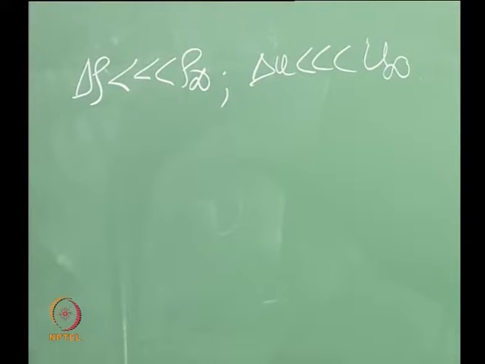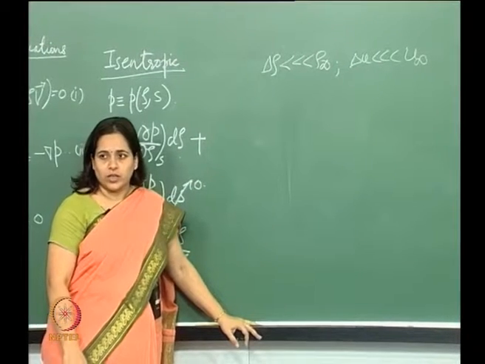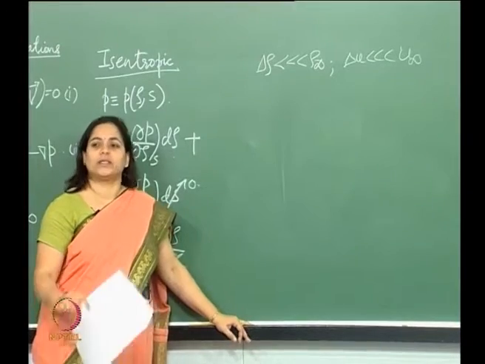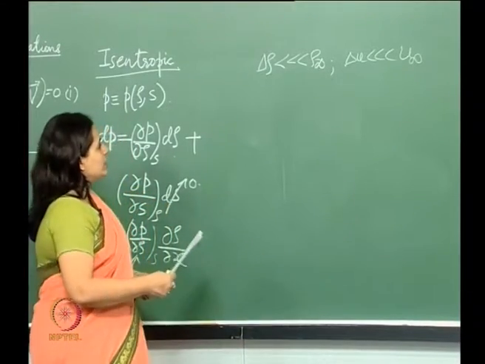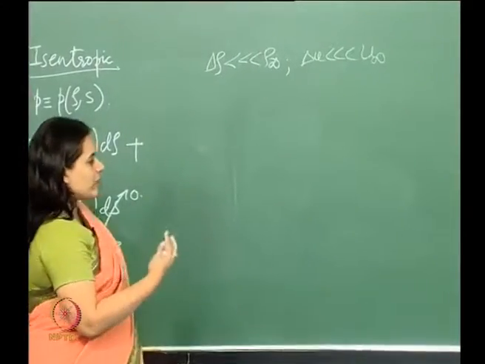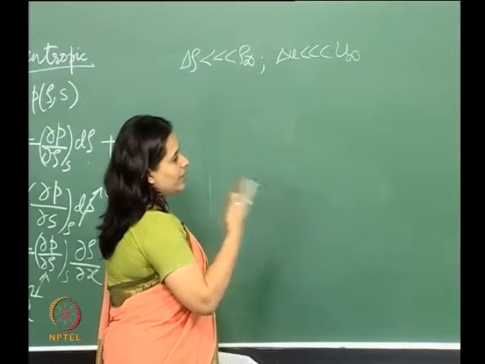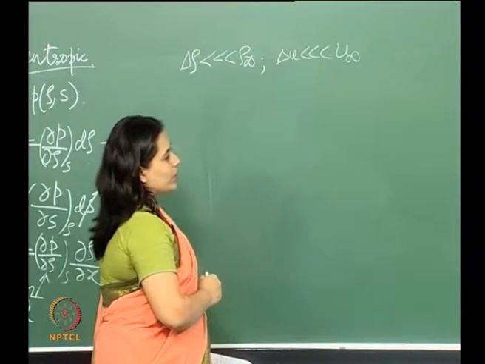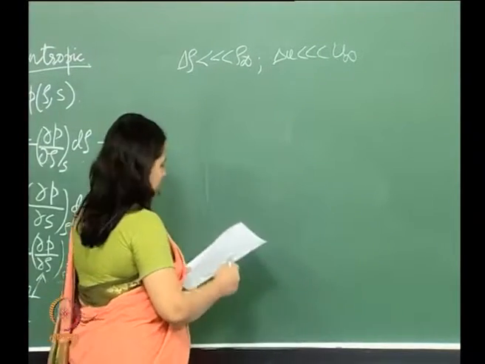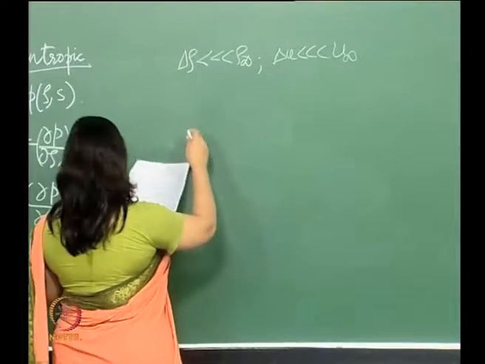So, the perturbations are very small compared to the ambient. Okay. So, it is a very weak disturbance, very weak wave. Okay. So, in that case, what does it signify mathematically? What happens to these mathematical equations that we just derived from here? Right. So, let us look at equation 3. Now, what we get from equation 3 is something like this.